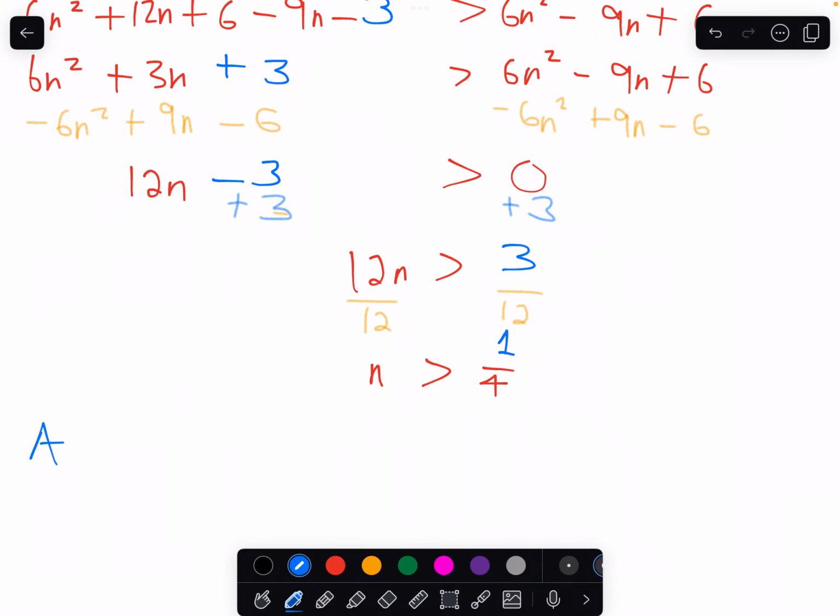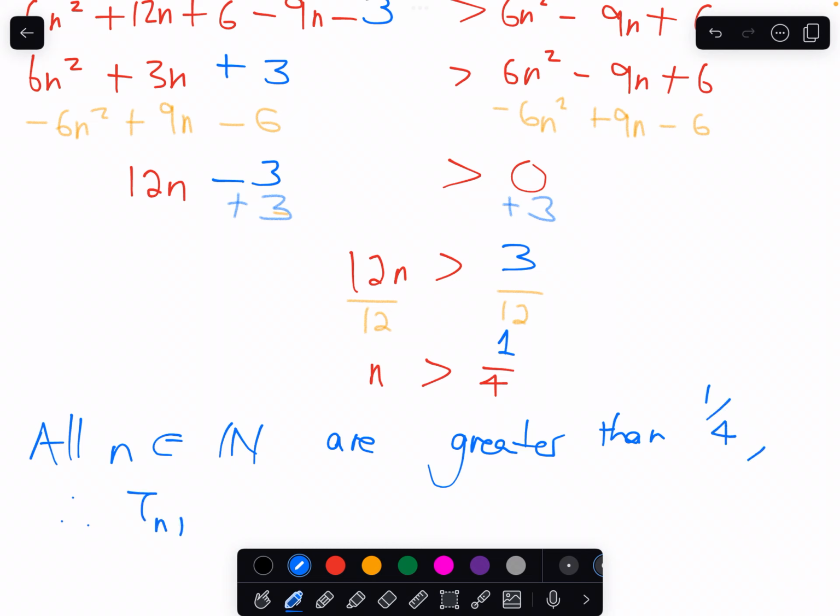So all n are greater than a quarter, therefore T(n+1) is greater than Tn for all n in the natural number set. And that is what we needed to prove.